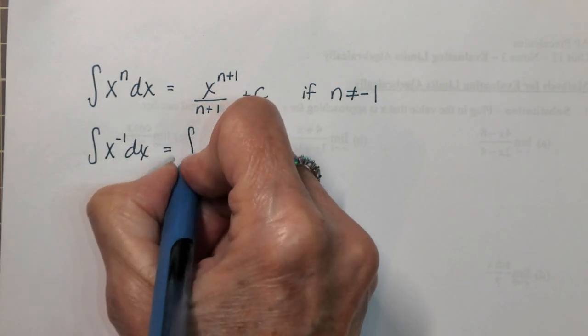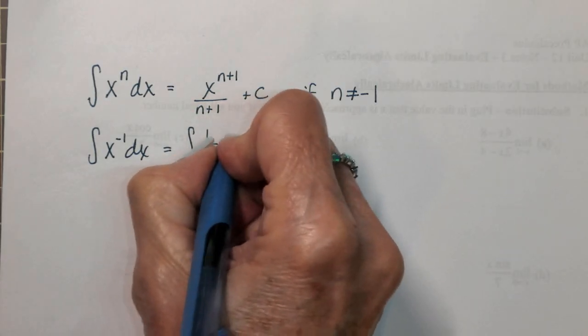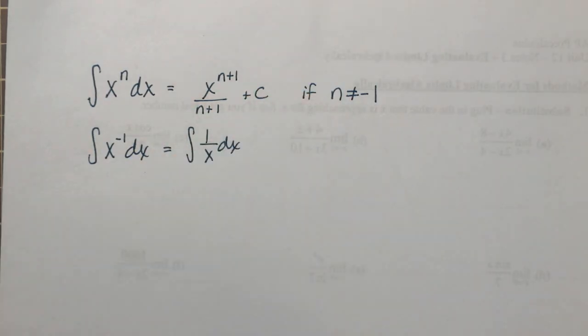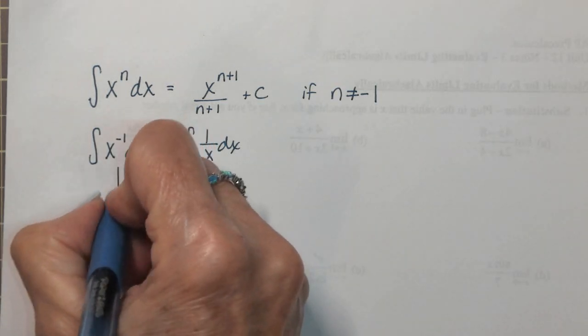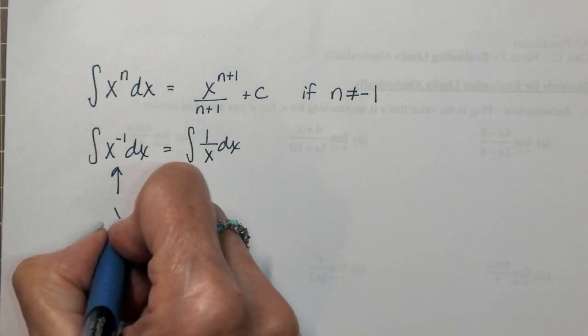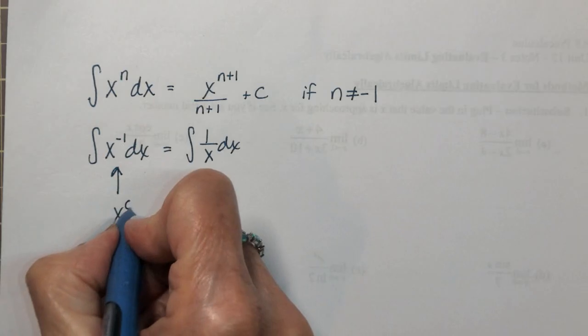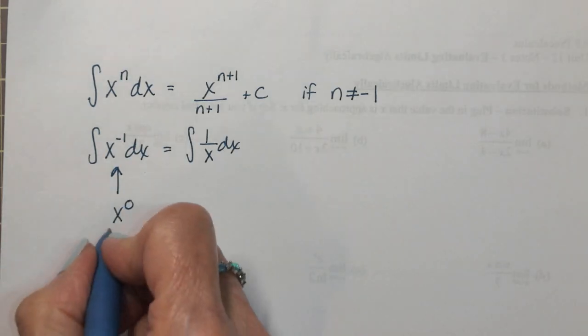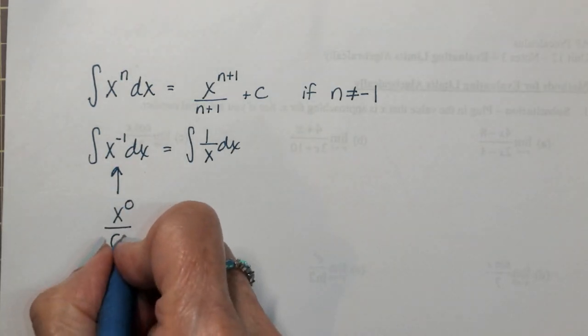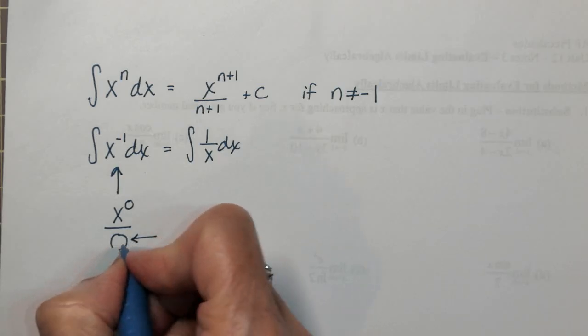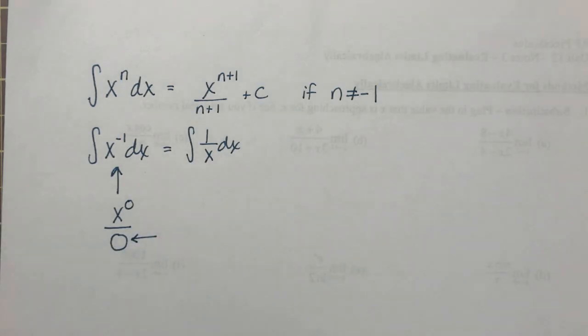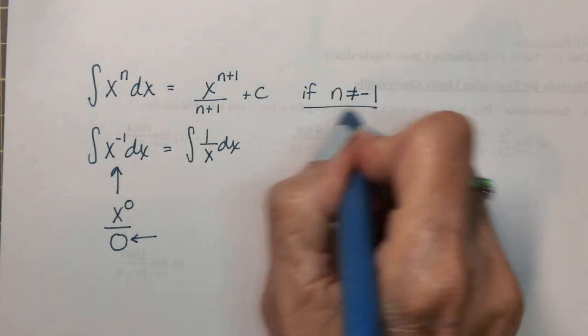So I could rewrite that to look like this, yeah? So what would happen if we tried to apply the power rule on this one? We would add 1 to the power. If I added 1 to the power, that would make my power 0, and then I would divide by my new power, and that's the problem right there. We cannot divide by 0. That's why this is true.